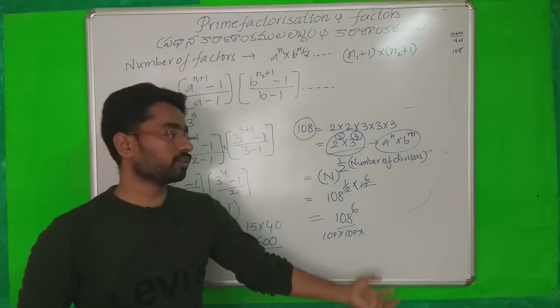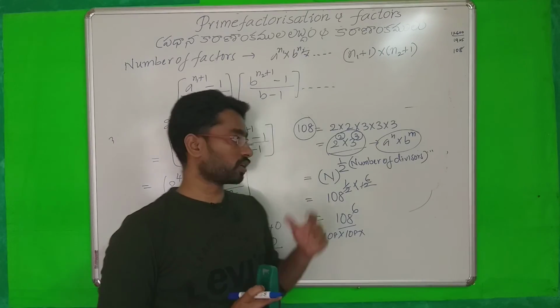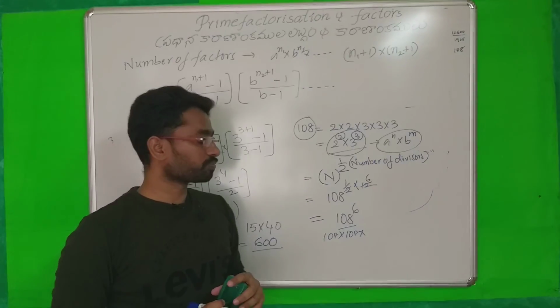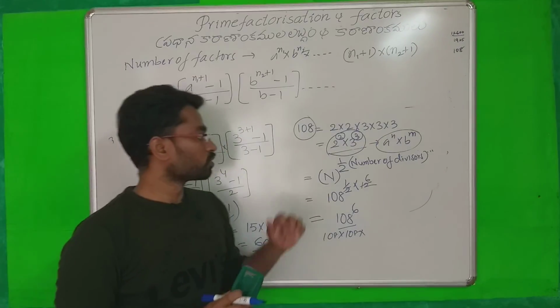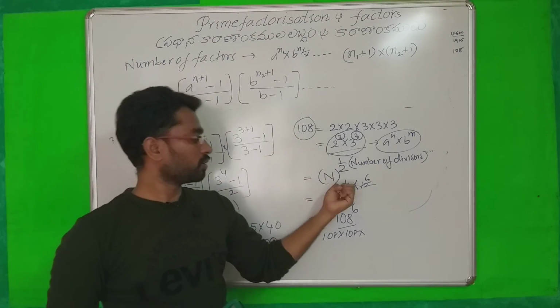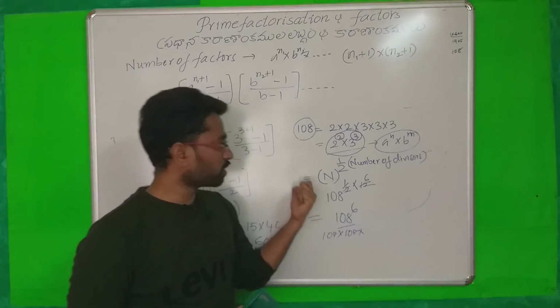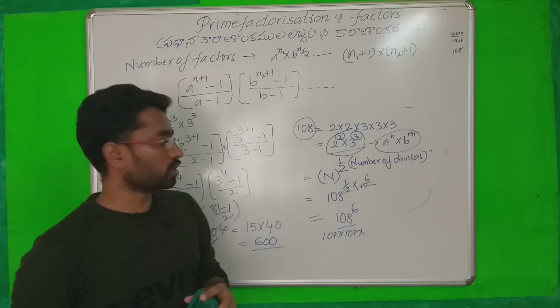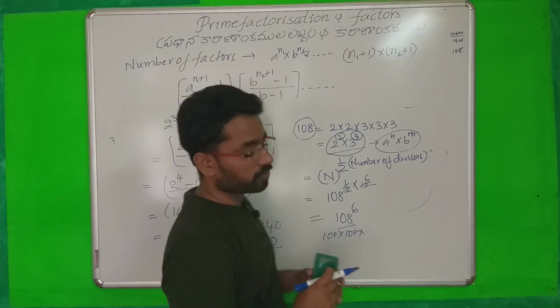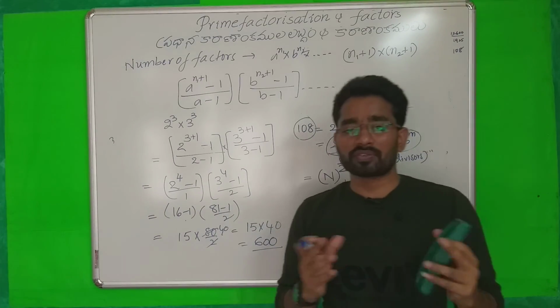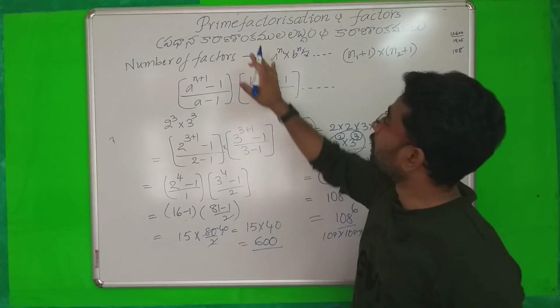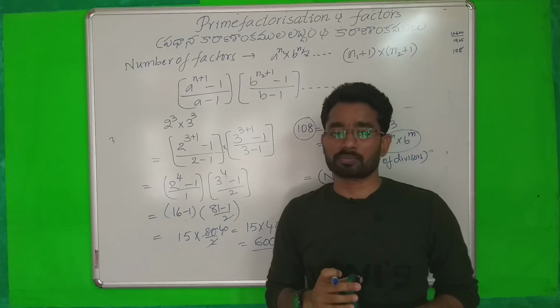By multiplying, you will get the product of the divisors of 108. This may be a very lengthy, big number. He may give small numbers in the exam also. So this is the process of number of divisors, sum of divisors, product of divisors by using prime factorization.